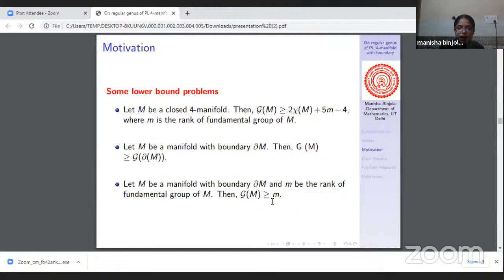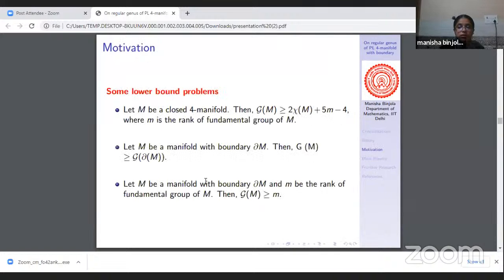For example, what happens if the regular genus of the manifold equals the regular genus of its boundary? It again gives a new classification problem, and I will give 2 classes of crystallizations later.